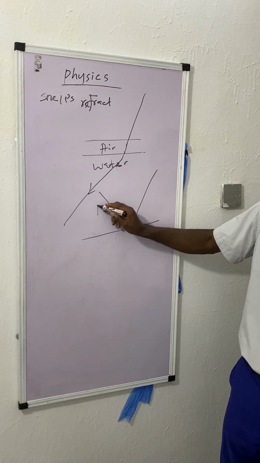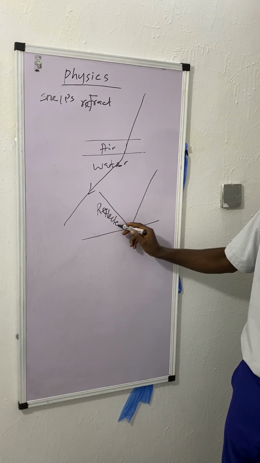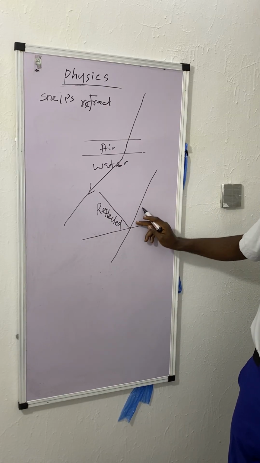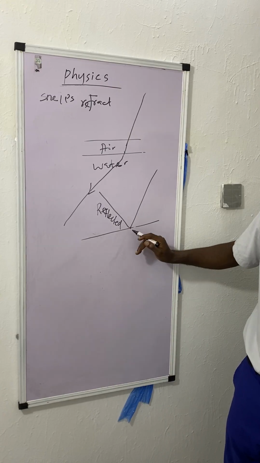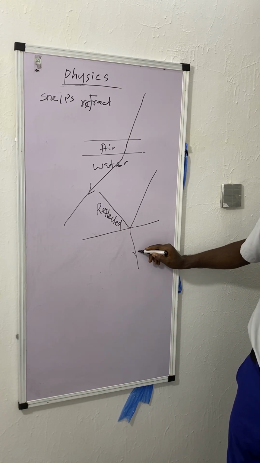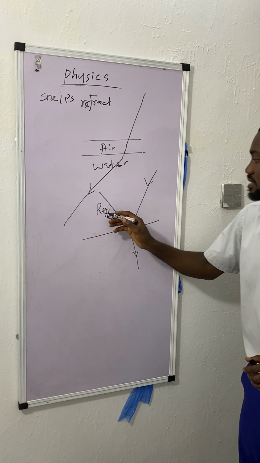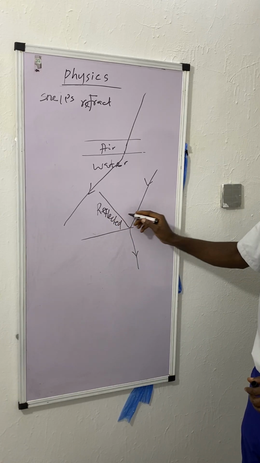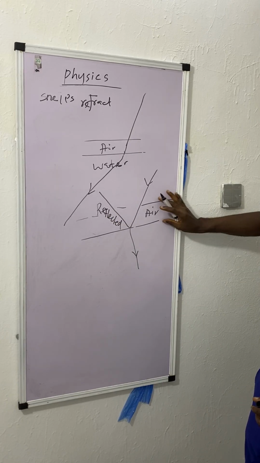This one is the reflected light. Then this one is the refracted light. It goes like this. It's supposed to bend like this. Okay. Here, this place is air.